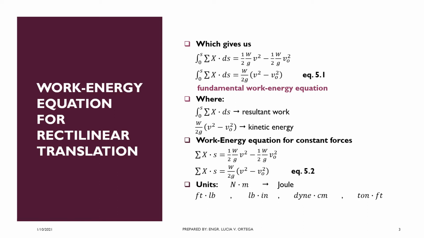The left side of the equation is the resultant work and the right side is the change in kinetic energy: the square of the final velocity minus the square of the initial velocity times W over 2g. That is now energy.